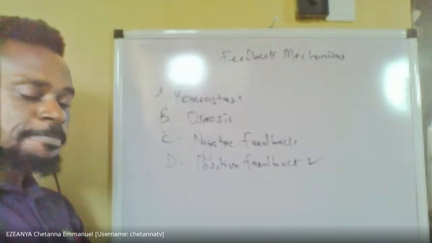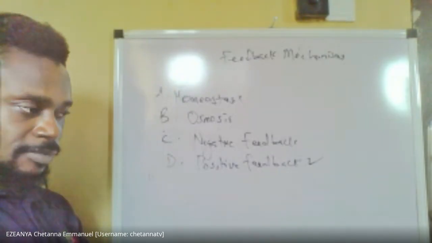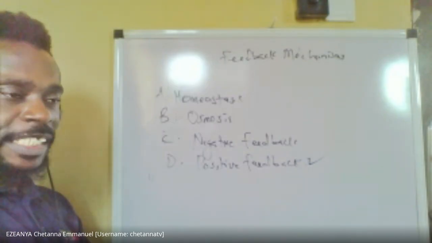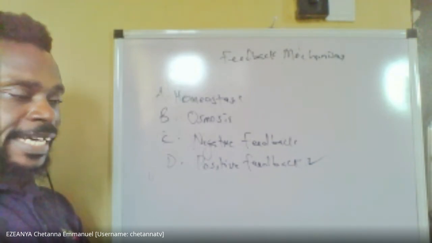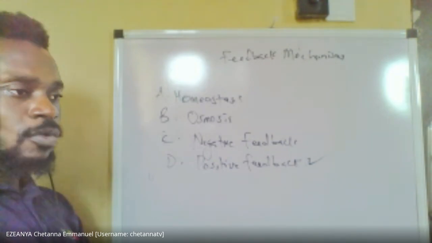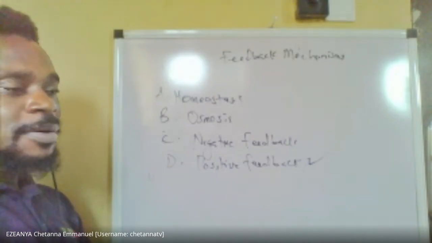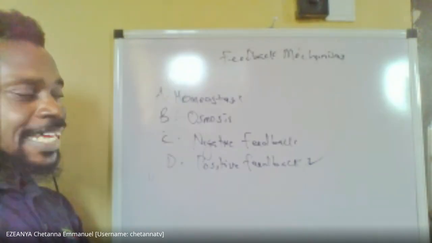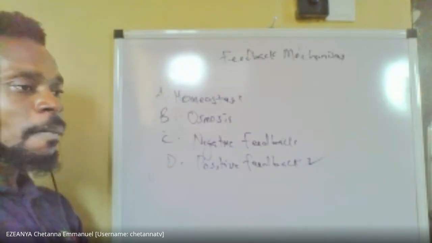If your sugar level increases, maybe because you ate carbohydrate food and it digests, the sugar level will increase. That one is normal. But if it increases beyond the level the body can tolerate, the body will look for a way to do what? Bring it down.